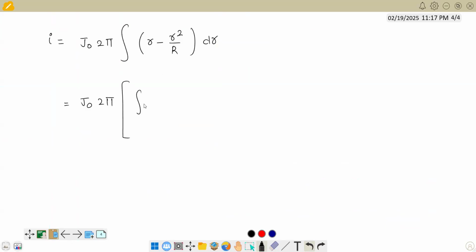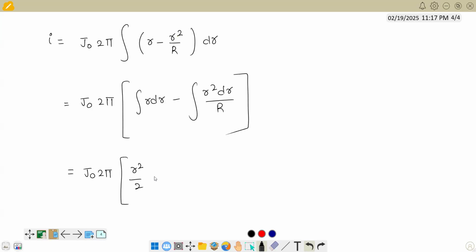I am doing it step by step so that you understand. Usually we should do it as quickly as possible in a single step. So J naught into 2 pi, integral r dr would be r square by 2 minus 1 by R integral r square dr, which would become r cube by 3, because we know integral x power n dx would be x power n plus 1 by n plus 1.